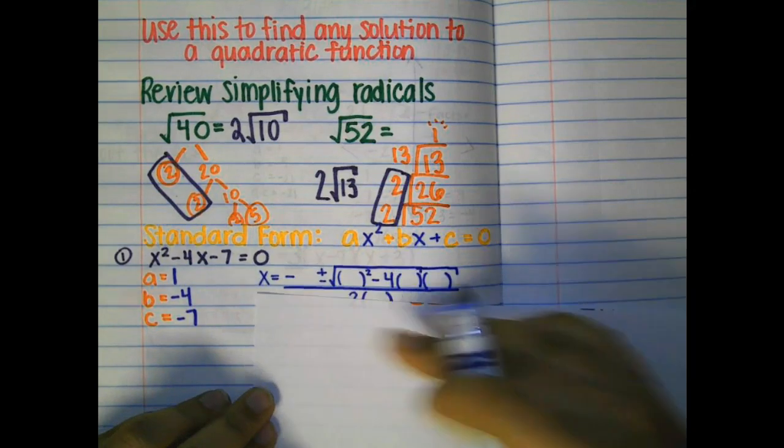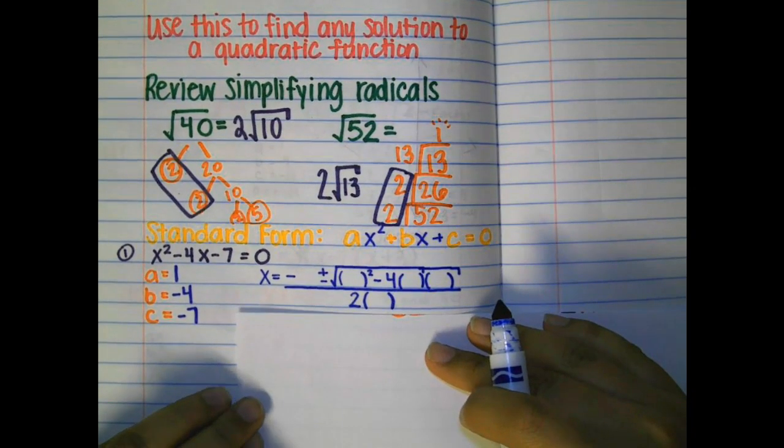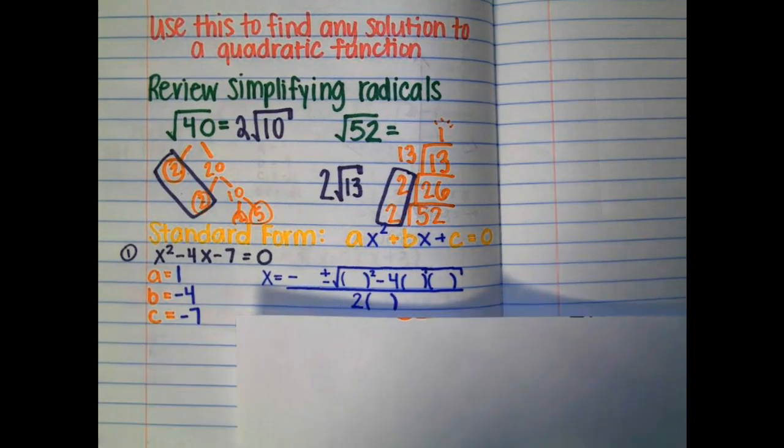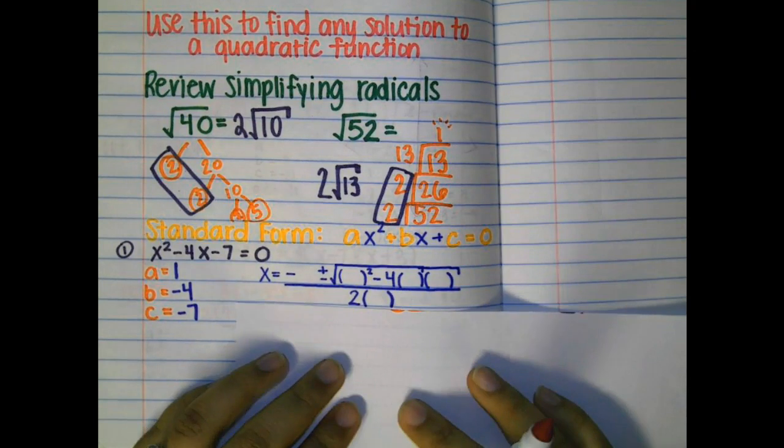I've written a skeleton version of the quadratic formula, and I'm going to go ahead and plug in the numbers. I want you to compare with the actual quadratic formula that you see on your notes, and then see the numbers that I'm plugging in.